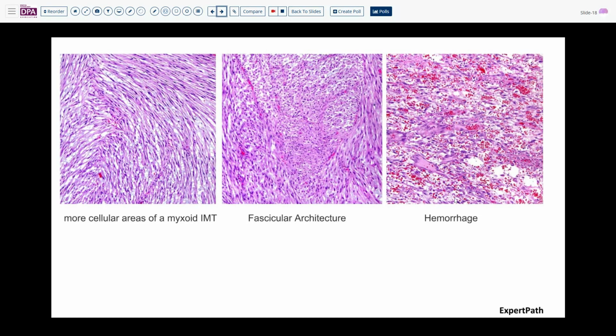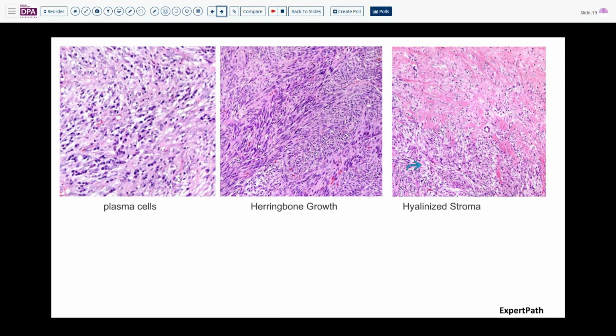So sometimes this kind of spindle cell proliferation mimics nodular fasciitis because they have some overlapping features. And then this one is really characteristic. We can see sheets of plasma cells. So this is really unique for this entity. And then they can have this sarcoma-like growth pattern, the herringbone, like the synovial sarcoma and other sarcomas.